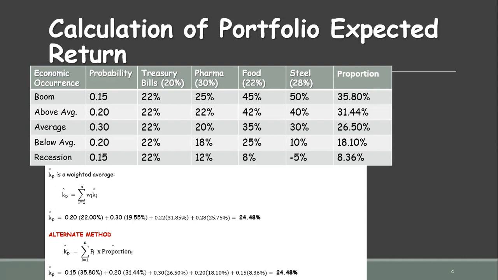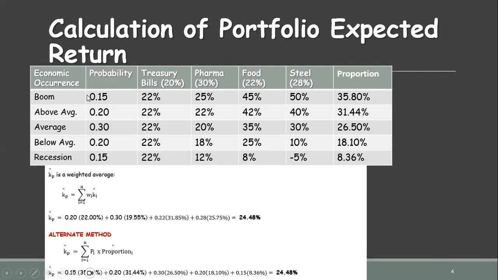Thereafter, 220 invested in food and 280 invested in steel. So the sum of all the investment comes to 1,000.